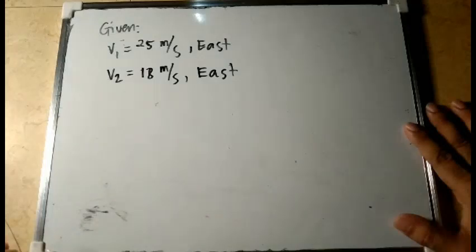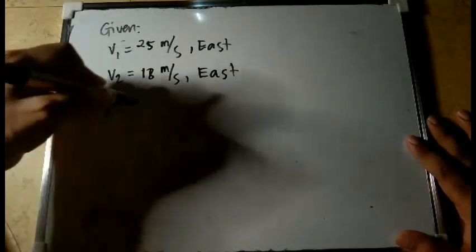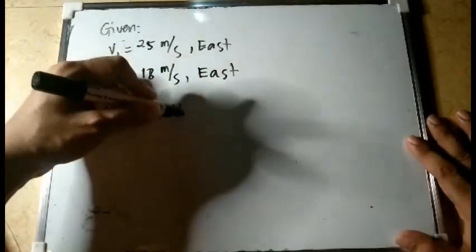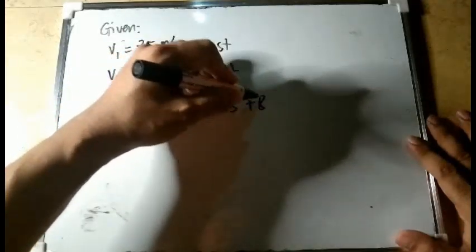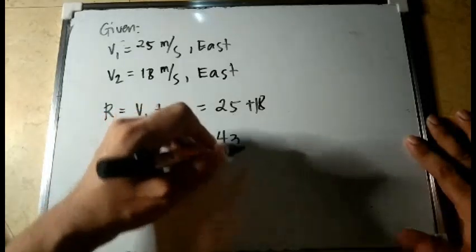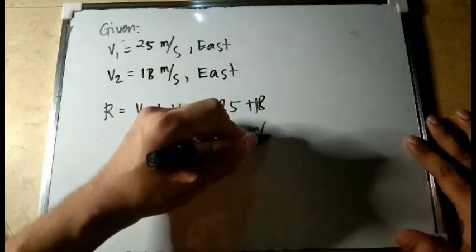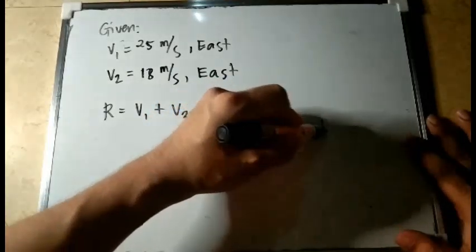So gagawin natin kapag same lang yung direction, pag-add lang natin ng V sub 1. So yung magiging resultant natin is V sub 1 plus V sub 2 equals 25 plus 18. So we have 43 meters per second east. Kokopyahin na yung direction. Okay?